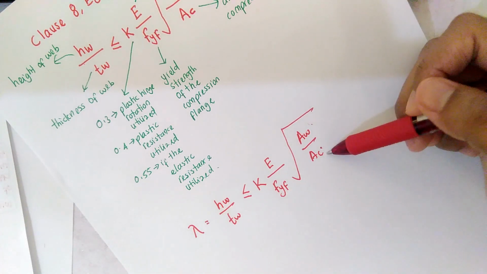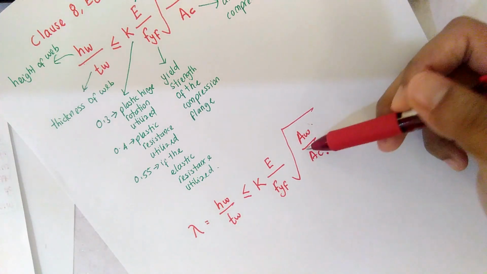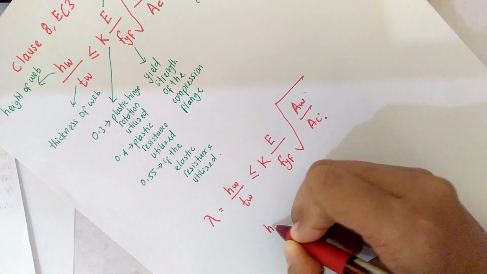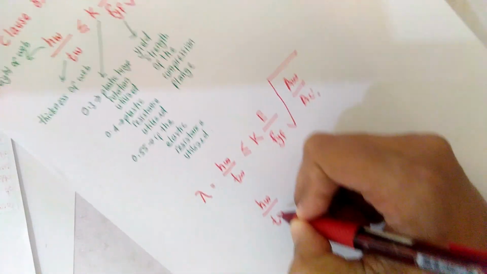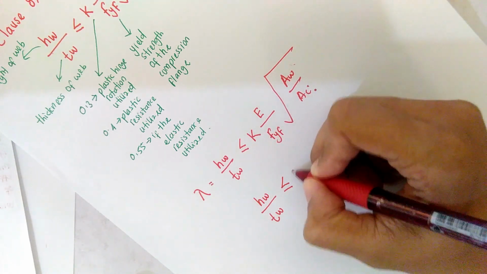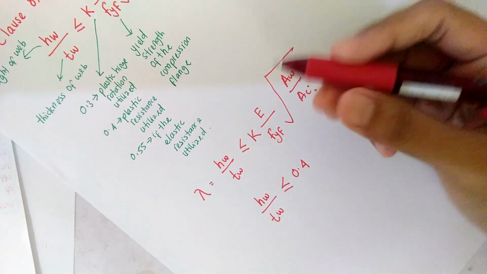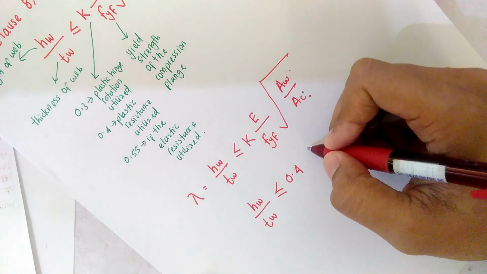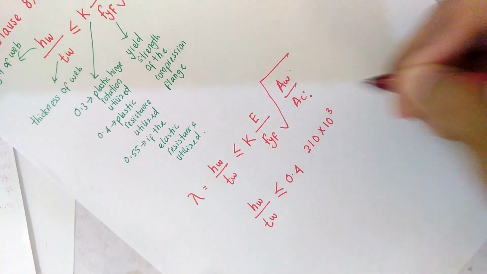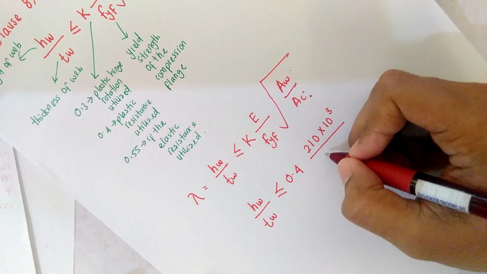Because they are equal, you can assume this parameter equals 1. Therefore, HW over TW is lesser than, with K chosen as 0.4, which is the plastic resistance utilized, E given as 210 times 10 to the power of 3, over a yield strength given in the equation as grade 355.